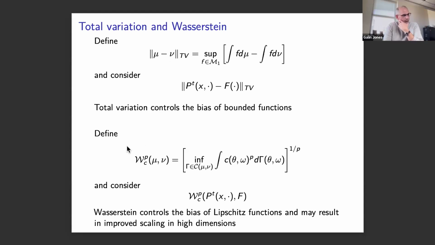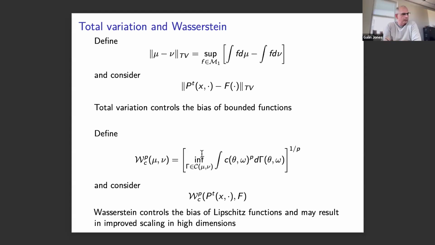On the other hand, Wasserstein distances. So in this case, gamma is a coupling of the two distributions, mu and nu, meaning it's a joint distribution which has mu and nu as its marginals. And C in this case, in the integral, is just a cost function or a metric in our case that you have to specify.